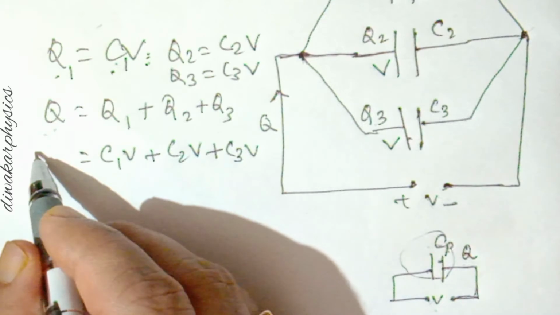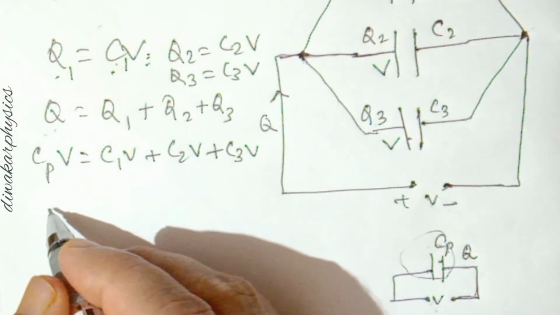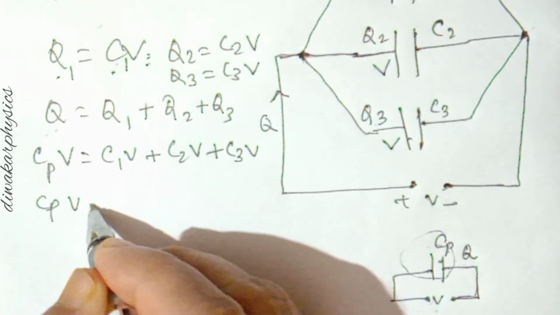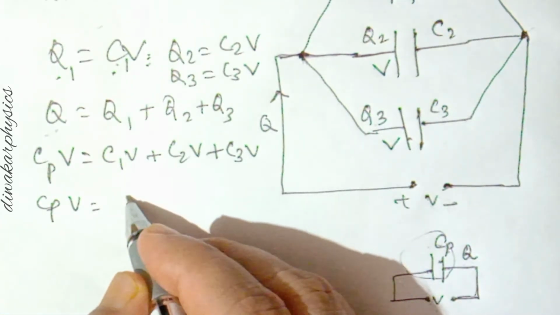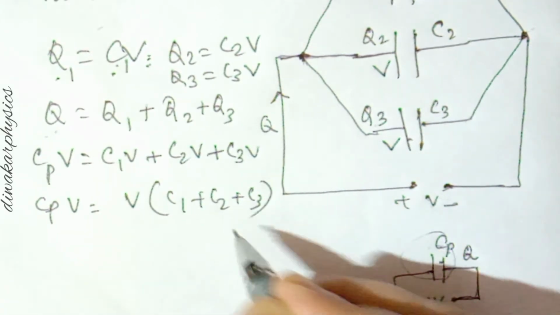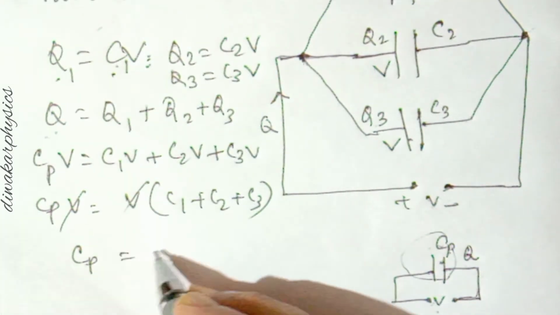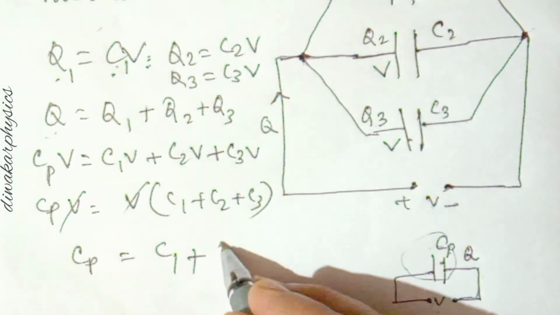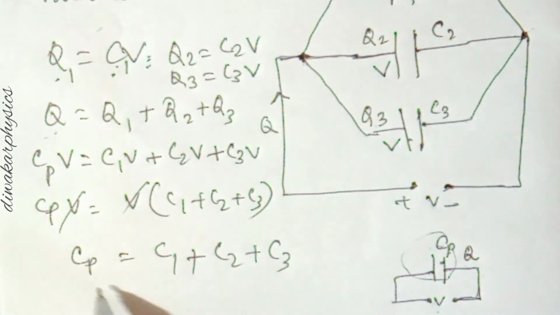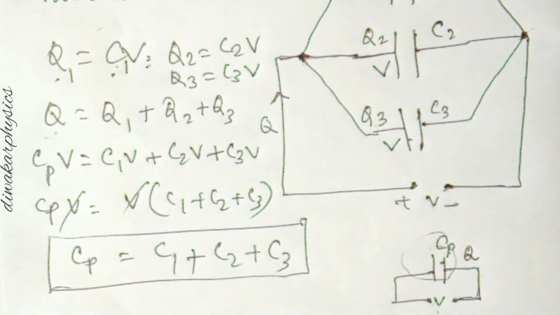So I can write CPV is equal to V common, then C1 plus C2 plus C3. Then V cancels, and CP equals C1 plus C2 plus C3. So this is the formula for the parallel equivalent of three capacitors.